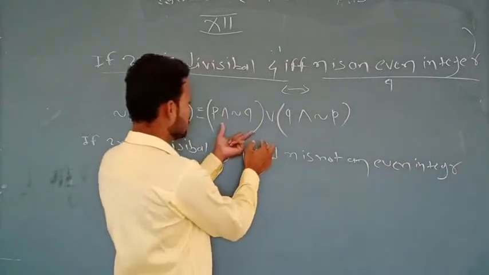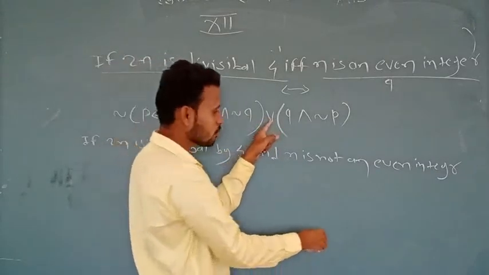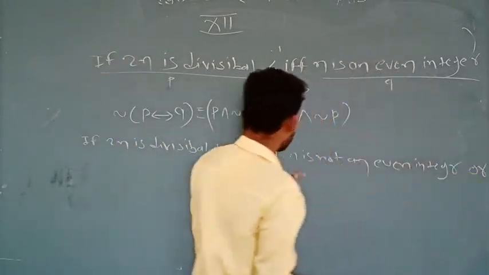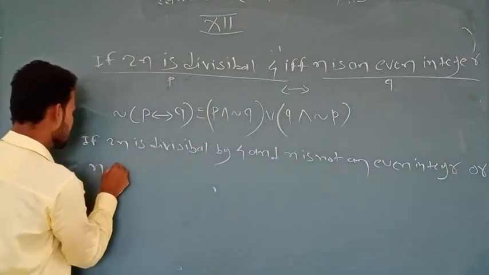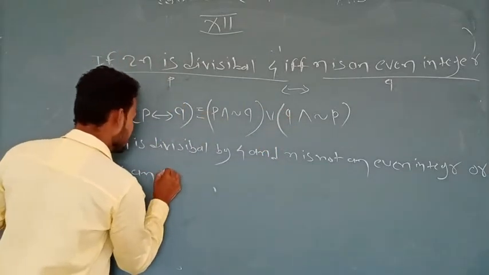Then or. Therefore here it is or, then the Q statement as it is: n is an even integer.